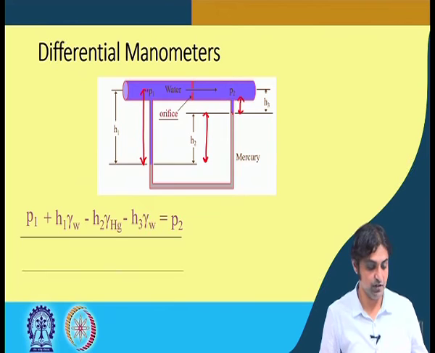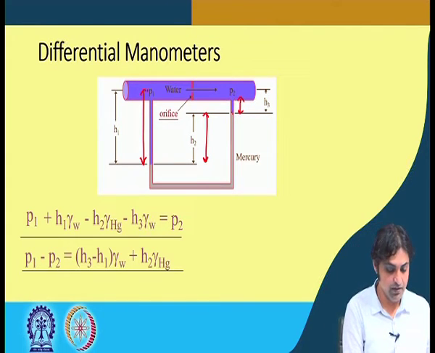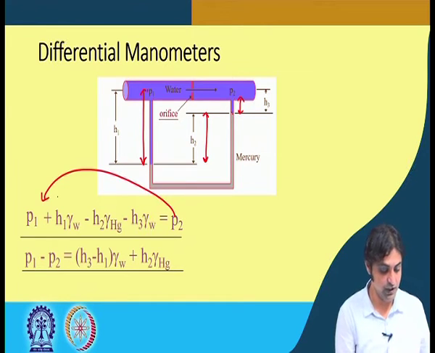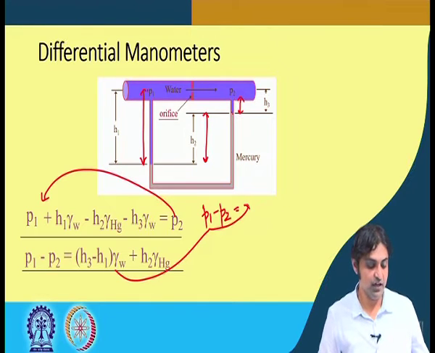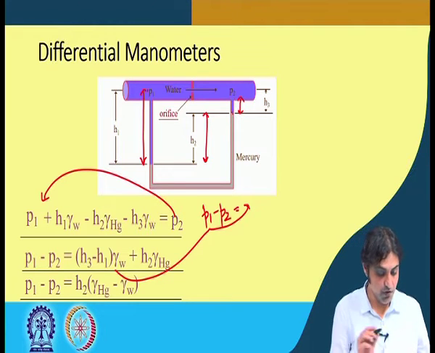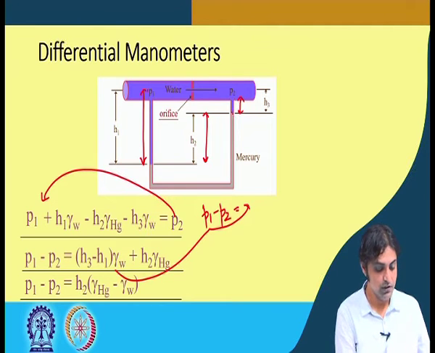Very simple equation, correct? So we can bring P1 here, P2 here, and we can write P1 minus P2 is equal to, as written here, H3 minus H1 gamma W plus H2 gamma Hg. Or we can also write P1 minus P2, H3 minus H1 is what?